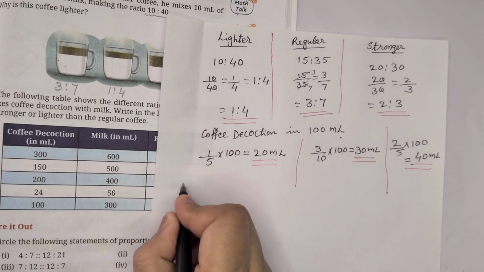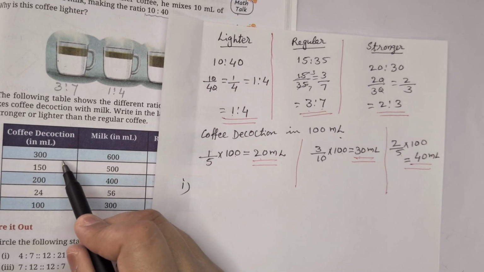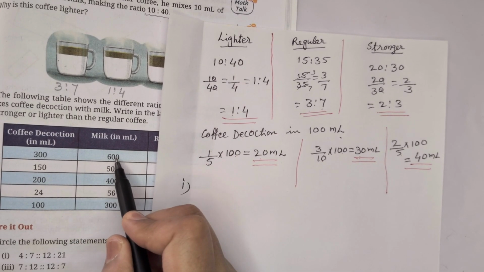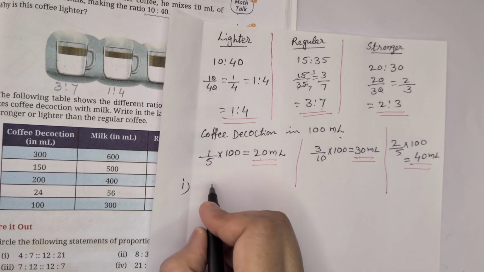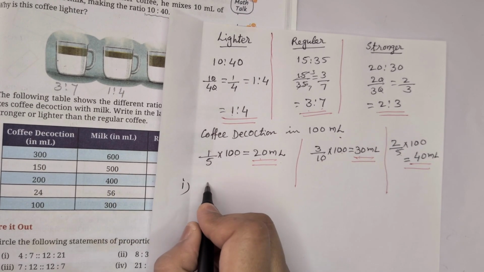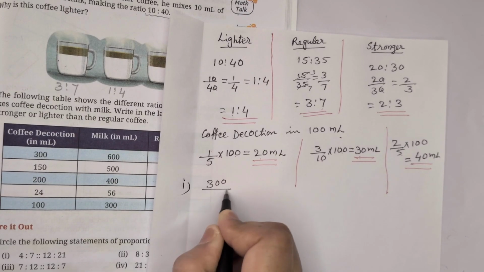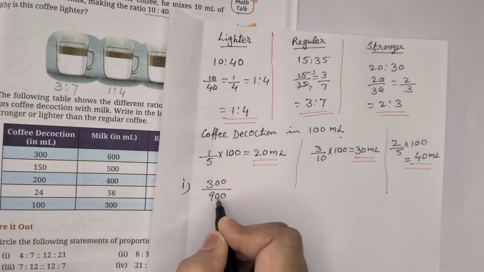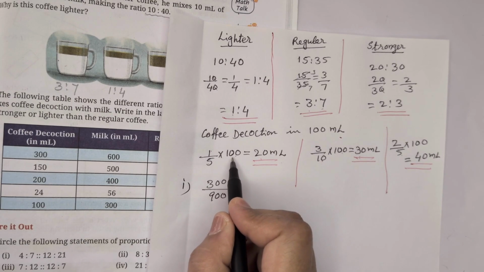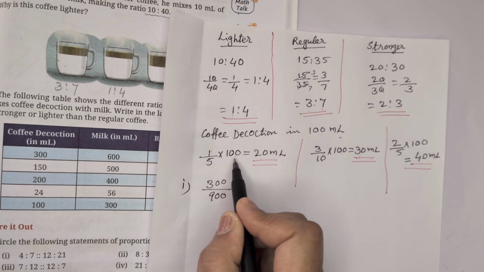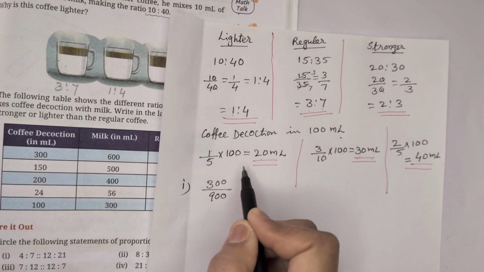First case. Here 300 and 600 are the numbers. So 300 out of the total, which is 300 plus 600, 900. So 300 by 900. And we are comparing with 100 ml coffee, or we can consider that a 100 ml glass. In that we are comparing.